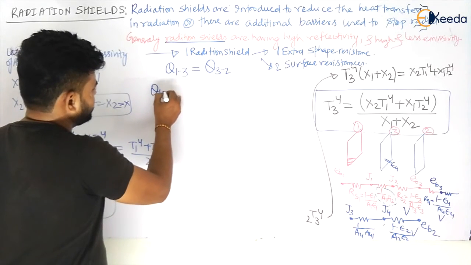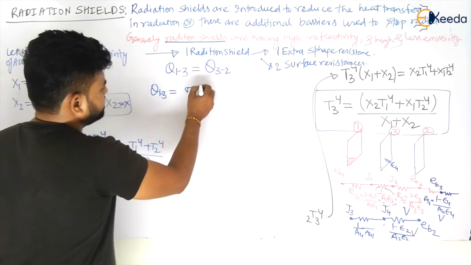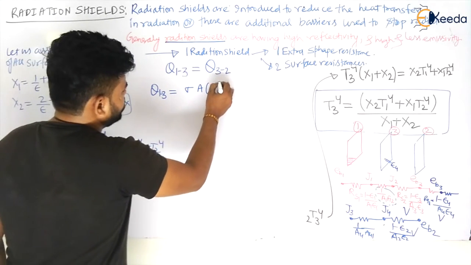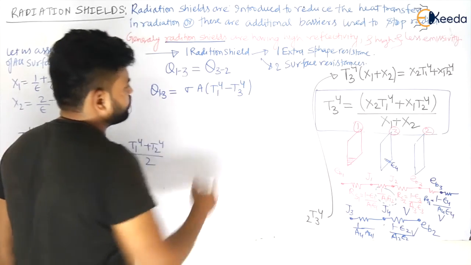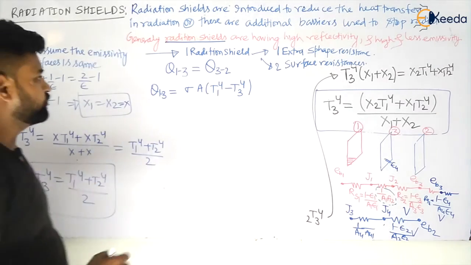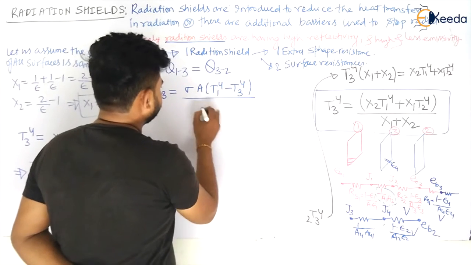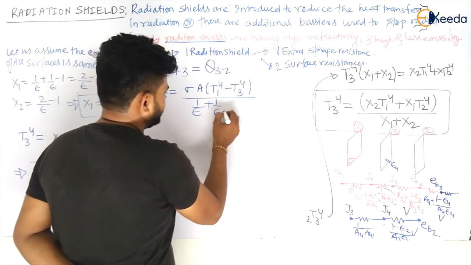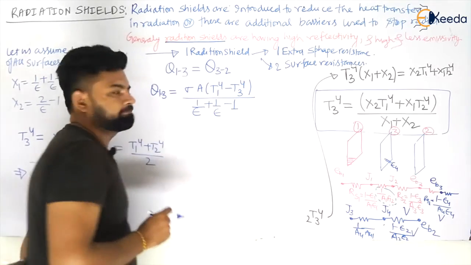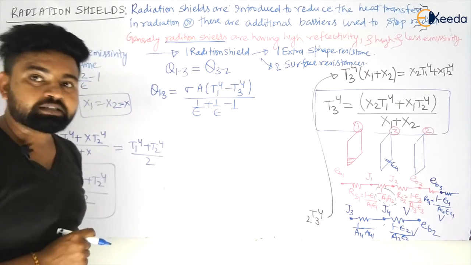Q13 will be given by sigma A (T1 to the power 4 minus T3 to the power 4) divided by 1 by E plus 1 by E minus 1. Okay, because emissivity is same now.